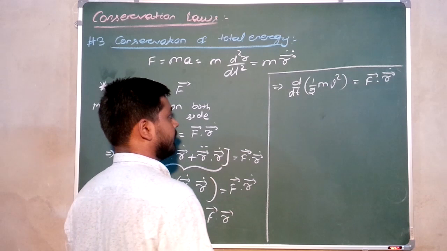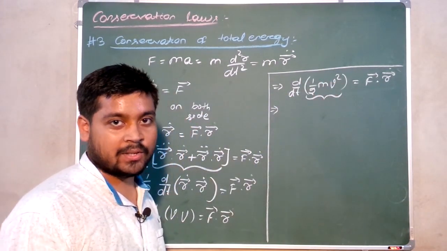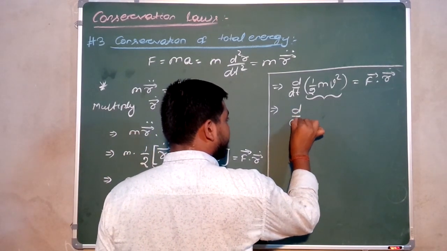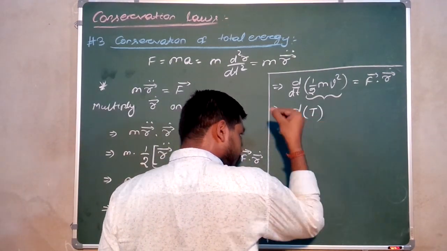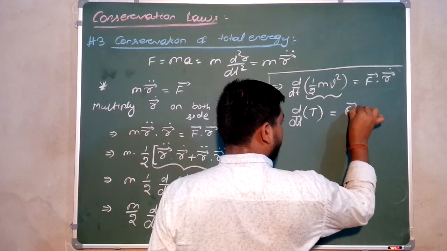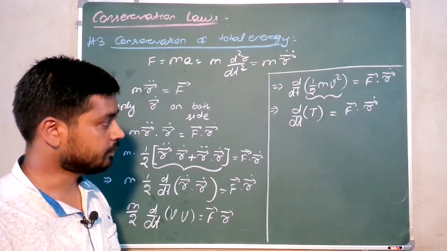Then what is this? Half m v square is the kinetic energy. Yes or no? d by dt of kinetic energy T equal to F dot r dot.